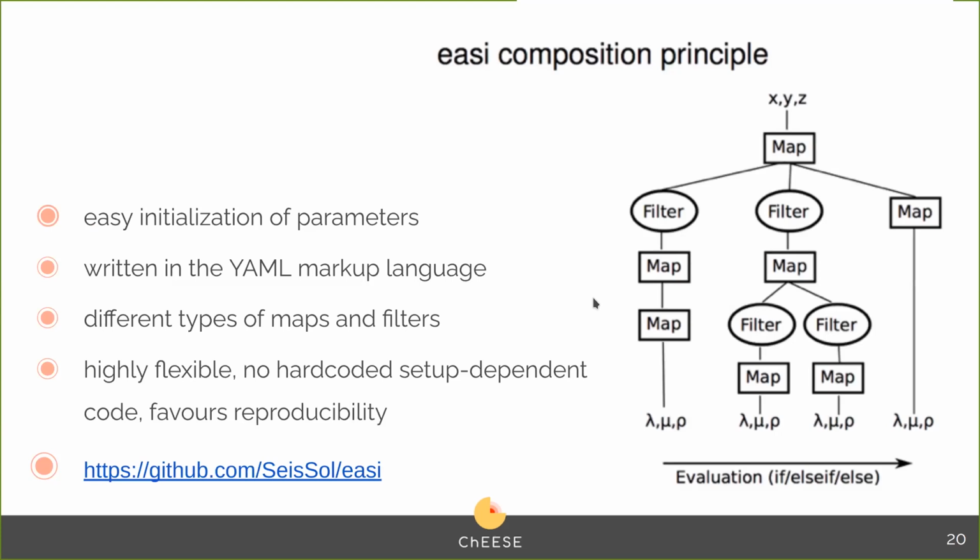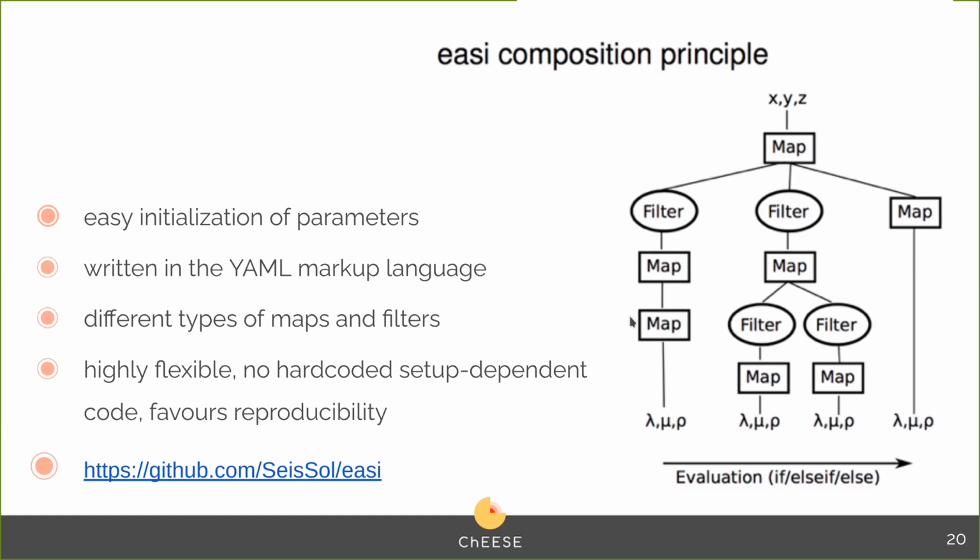Basically, easi is composed of different components called maps and filters. A filter can select part of the domain, and then define the parameters on this part of the domain, and a map will transform the coordinates. A map is kind of a function, let's say.